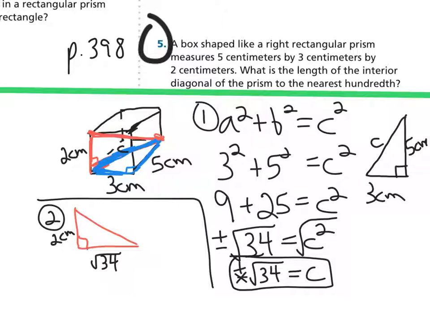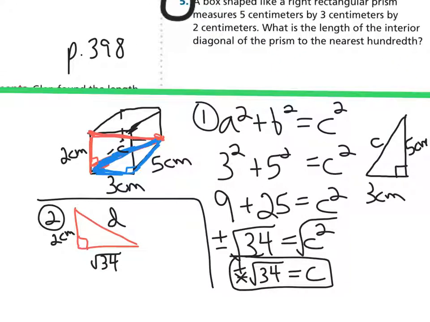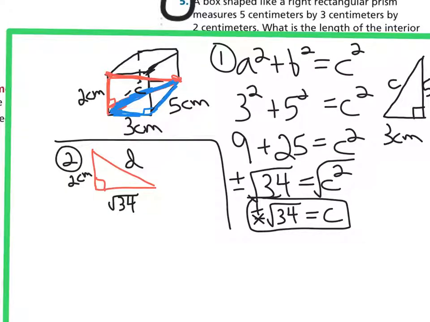And now we're trying to figure out what that diagonal is. Just to avoid confusion, I'm going to use a D for diagonal, because we just used C on the other part. If I use C again, you might get confused over what it is that we're actually looking at.